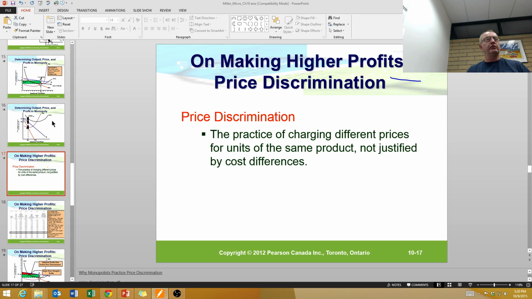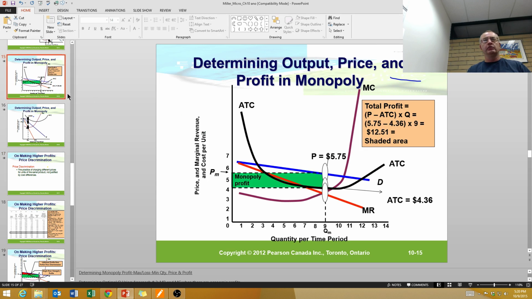In the examples we've looked at so far in this chapter, we've assumed that the monopolist is charging all customers the same price. But when we talk about price discrimination, we mean that the monopolist charges different customers different prices.